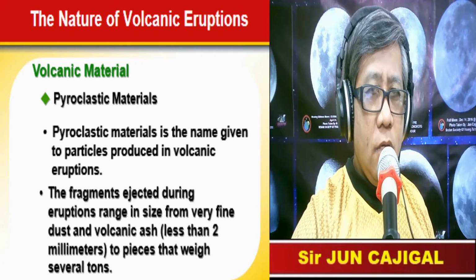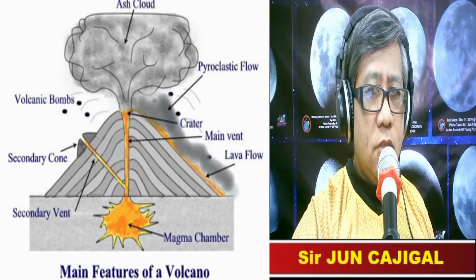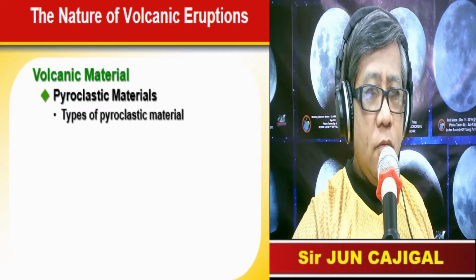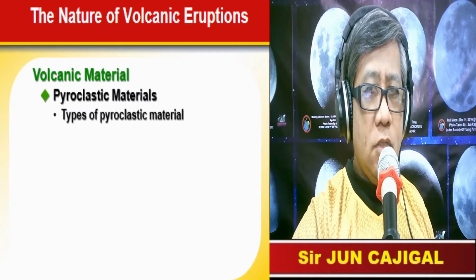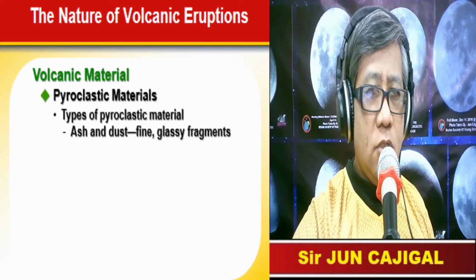So the following are examples of pyroclastic materials that are ejected during a volcanic eruption. The first type is volcanic ash and dust. Volcanic ash and dust are fine glassy volcanic fragments.